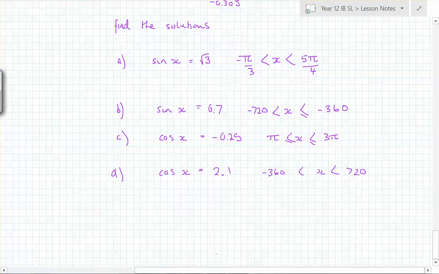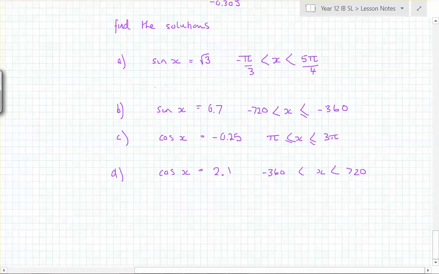Right, guys, I just want to check. Sine of x is root 3. What I was hoping you'd go for is, root 3 is one of those I'm supposed to know. Thing is, what is root 3 as a decimal?